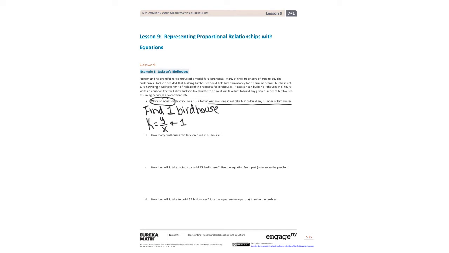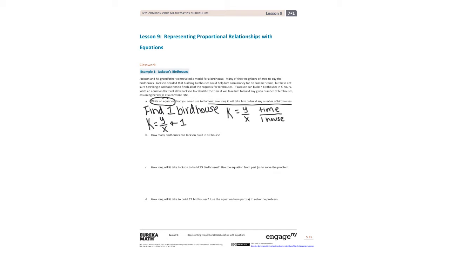To find Jackson's constant of building his birdhouse, we have K equals Y over X. The Y is going to be the time it takes him over the amount of birdhouses he's making, and in this case, we're trying to find one house.